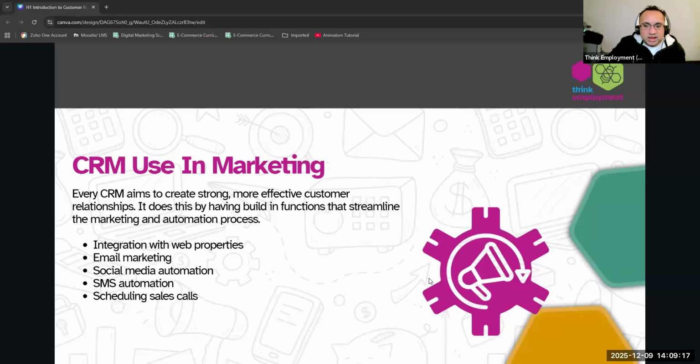Then the social media can kick in. CRMs also use social media auto posters, so it can post automatically on your social platforms. Creating a social media calendar can be done on your CRM as well. If you connect it with Canva, it could even pull your content from Canva.